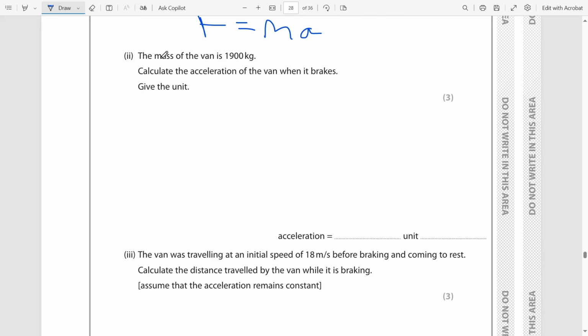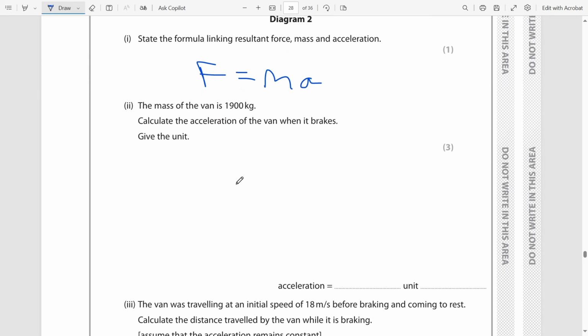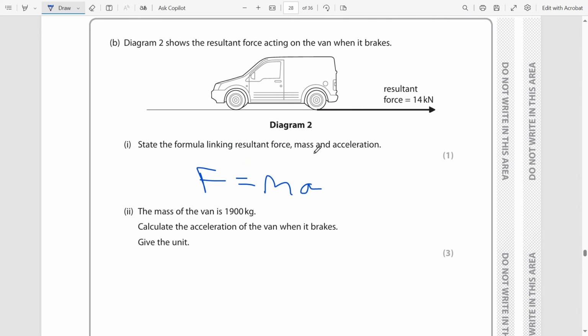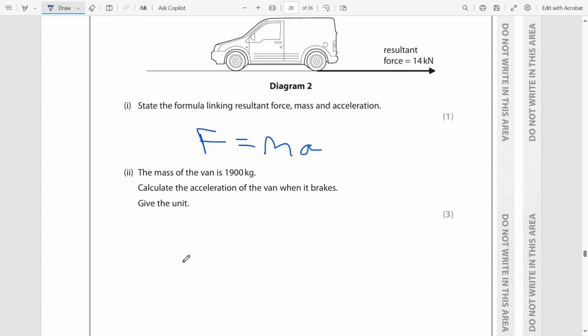Speed run. The mass of the van is 1,900 kilograms. Calculate the acceleration of the van when it brakes. Give the unit. 14,000, guys, because we're timesing this by 1,000, so we can get into newtons.